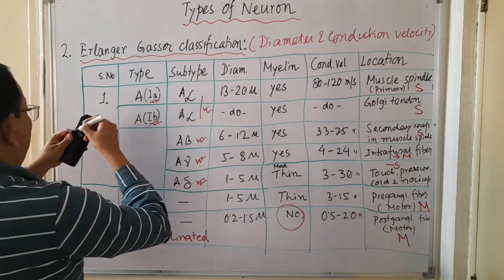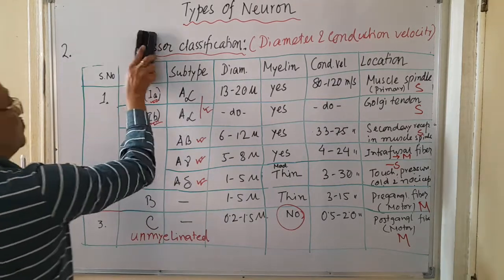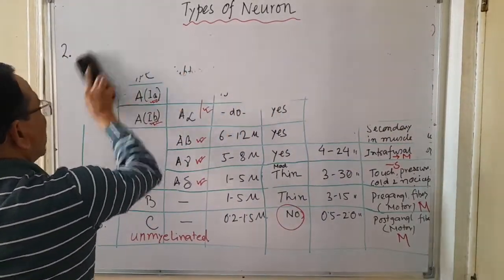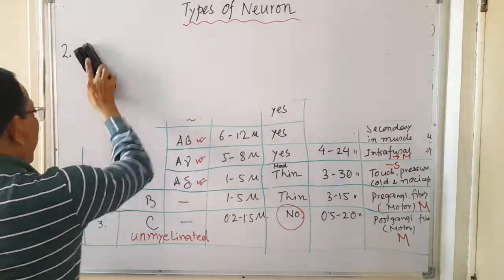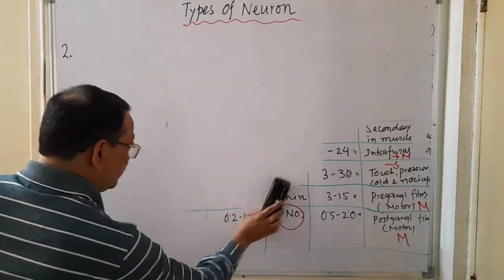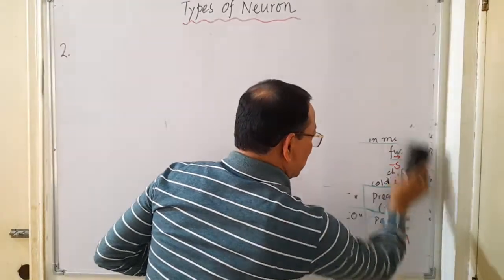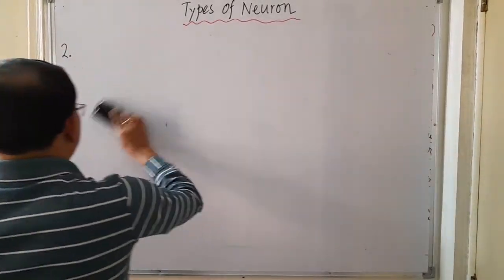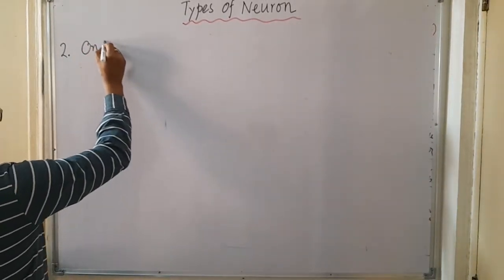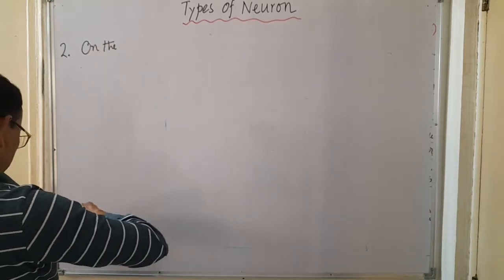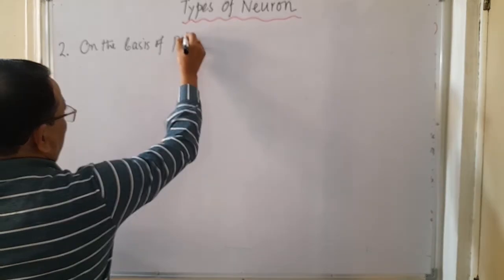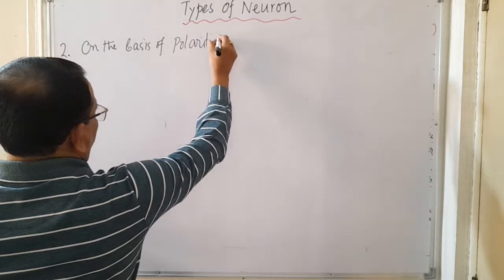The second type of neuron is classified on the basis of polarity.